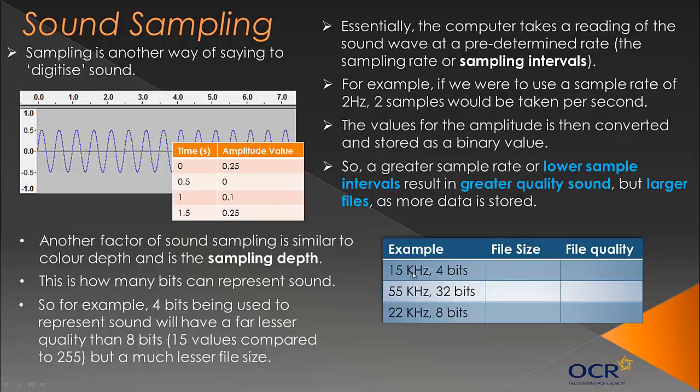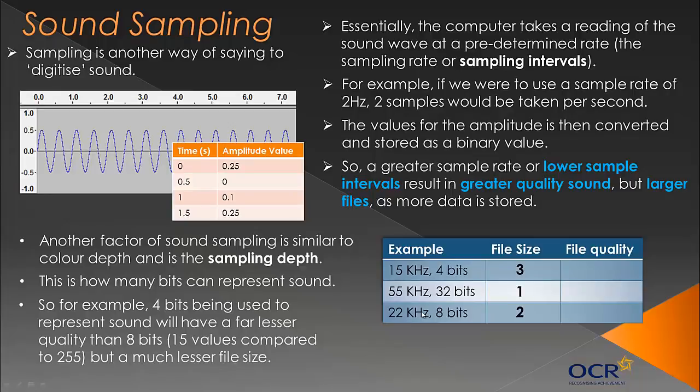So if we had 15 kilohertz as our sampling interval, our sampling rate, and 4 bits as our sampling depth, it would have the smallest file size out of these 3 options. As you can see here, we've got 55 kilohertz, which is bigger than this, and also the sampling depth is bigger. Therefore, the file size is definitely going to be greater, and this is actually slightly smaller than this.